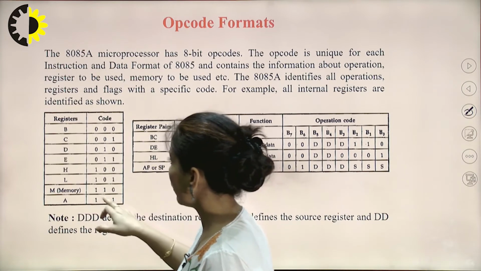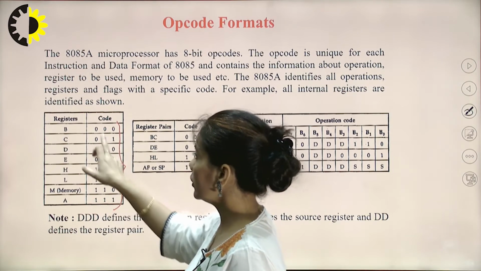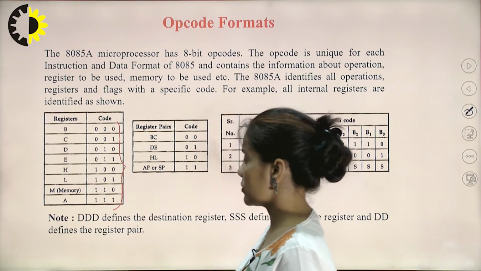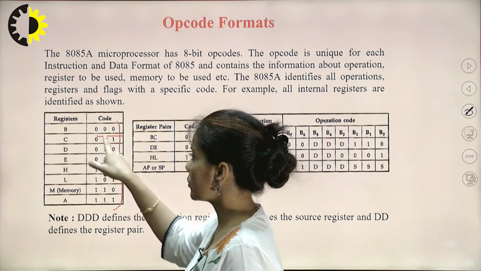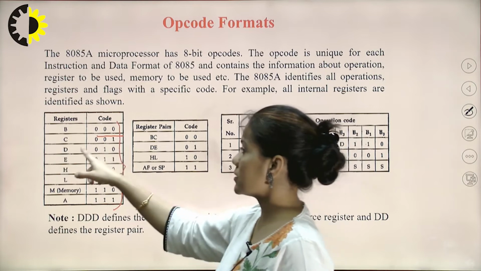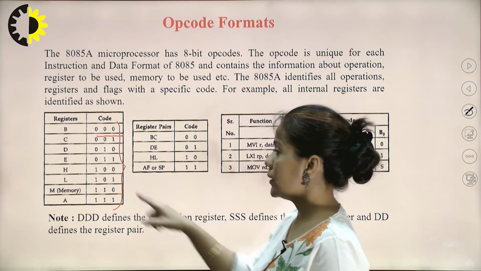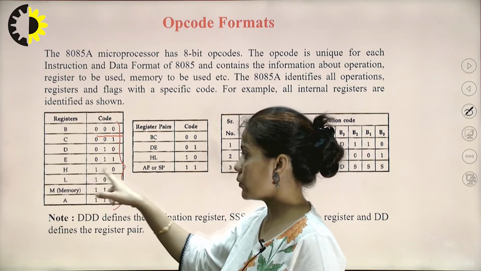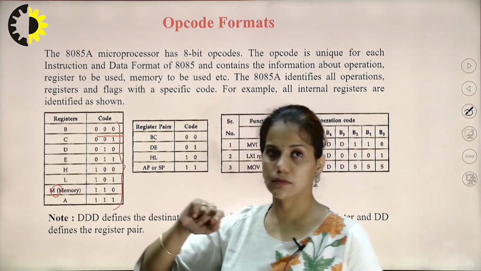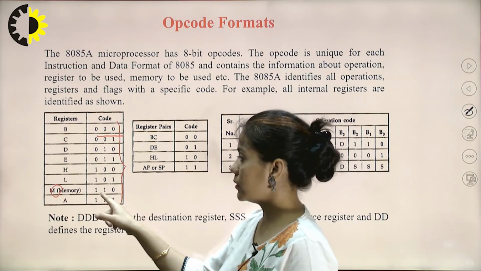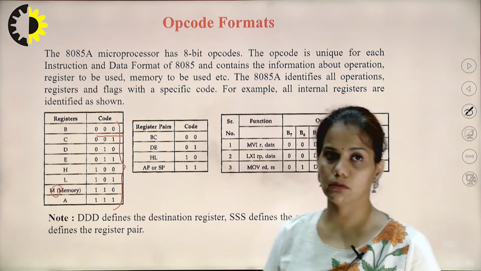When I am talking about the registers, so this is the code specification and accordingly the registers can be mentioned. So suppose for the B register the code is 000, for C the code is 001, for D register the code is 010, for E the code is 011, for H and L it is 100 and 101, for M where the indirect memory is pointed to, 110 is the code, and for accumulator the code is 111.